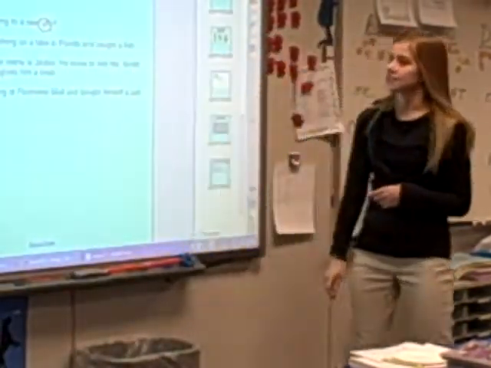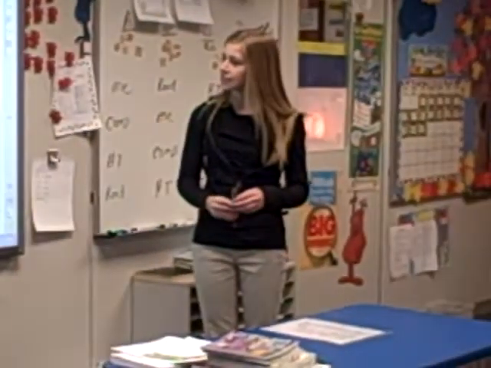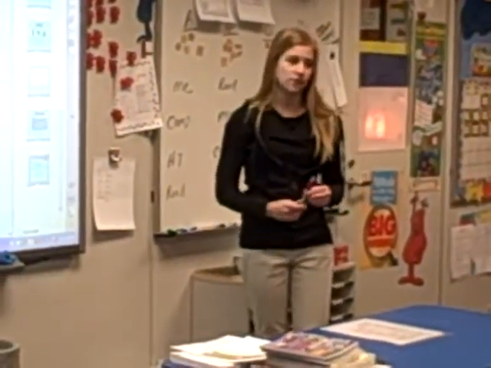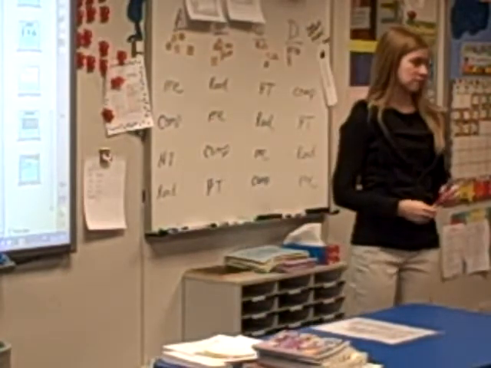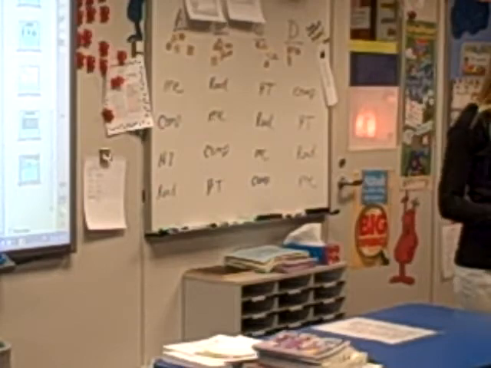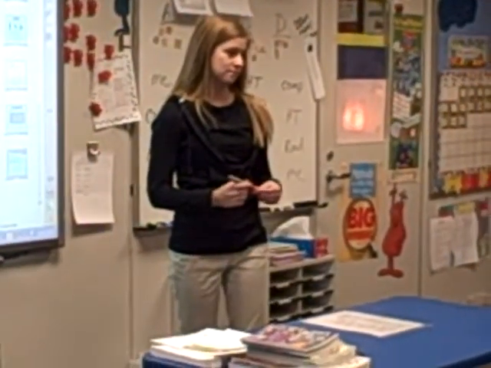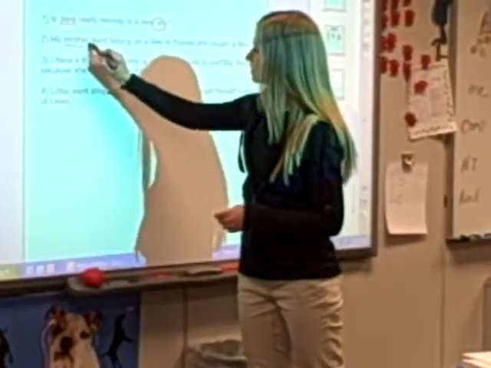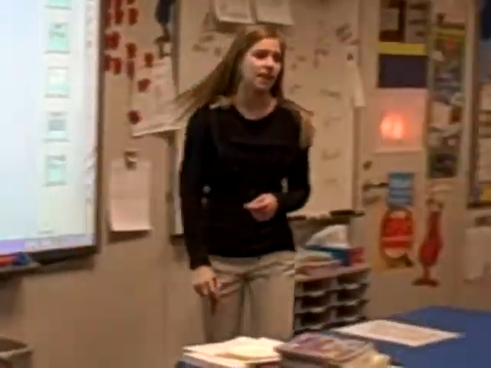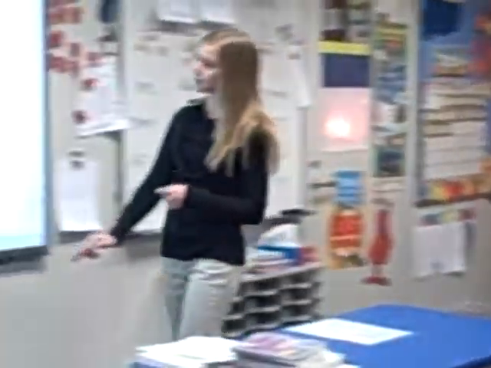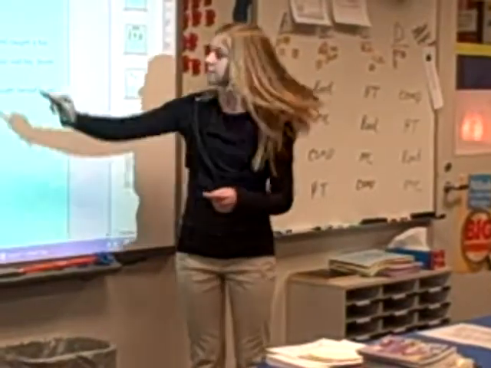What about our next sentence? My brother went fishing on the lake in Florida and caught a fish. There's a lot. You can give me one. Brother. Is that common or proper? Common. Good job. So let's circle that. What's another one? Florida. Is that common or proper? So underline that.